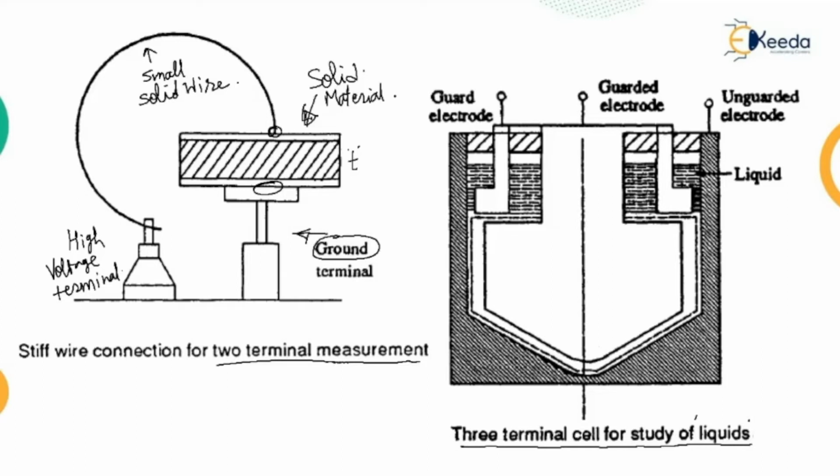Now, the arrangement used for the study of liquids consists of an outer cylindrical case and inner cylindrical case with a cylindrical guard electrode.